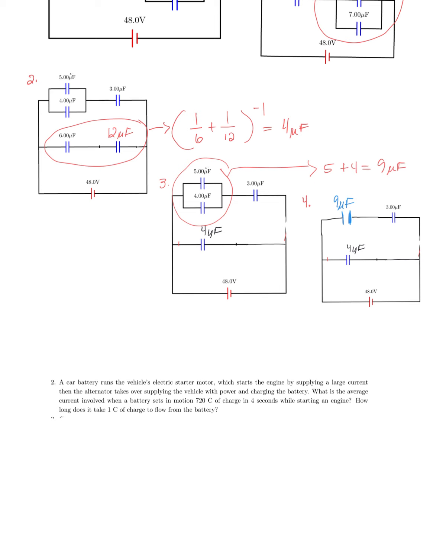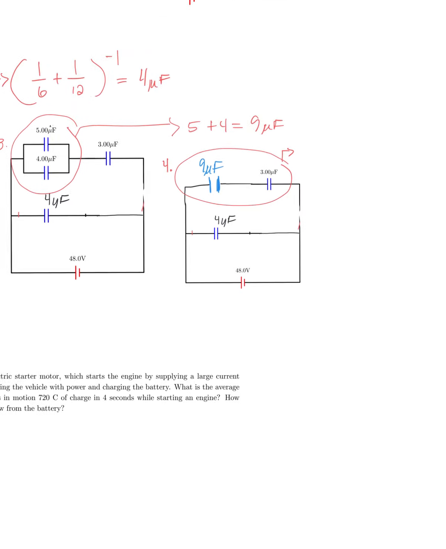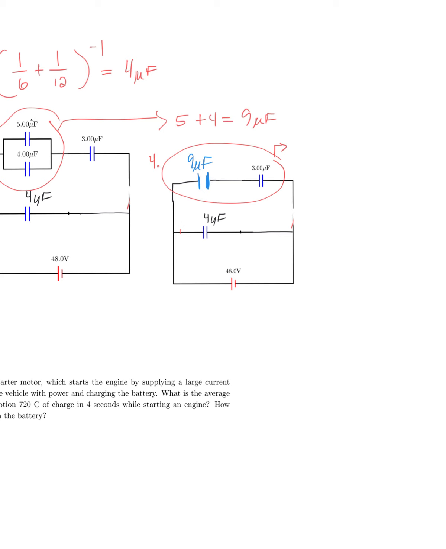Now we're going to combine these two right here, and they are in series. Let's see what we can do. I hope this stays on my camera screen. So we're going to say 1/9 plus 1/3 to the -1. Let's add those up.